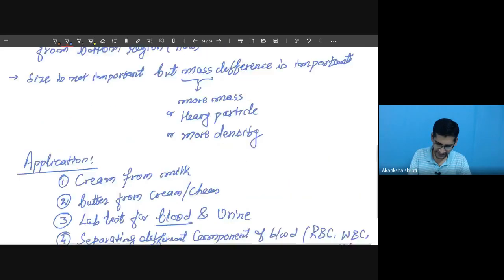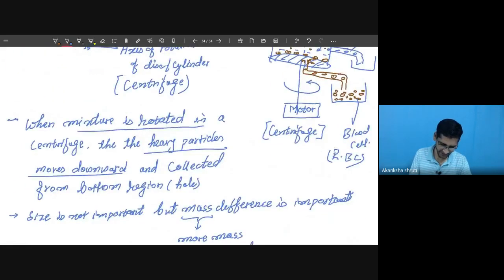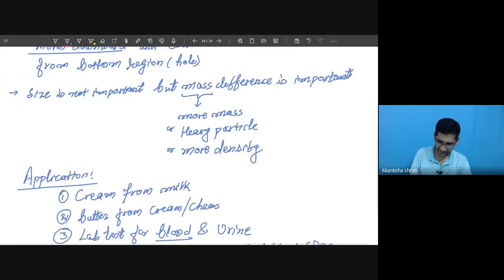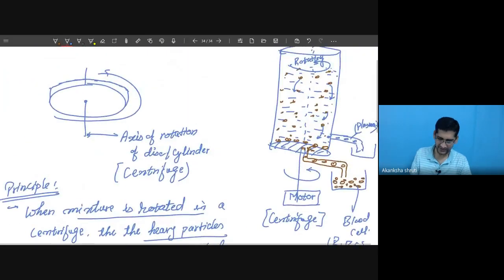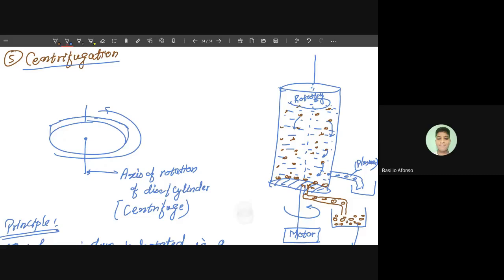Write this application, you have to keep in mind. This is the principle, whatever I have written. So what is the principle, what is the application, and how is the figure? This thing you have to keep in mind. Okay, shall we go for the next process? We can scroll down. Write it quickly.